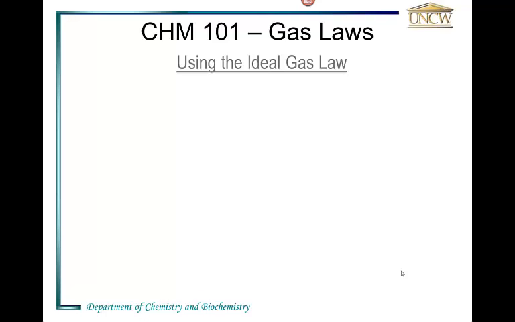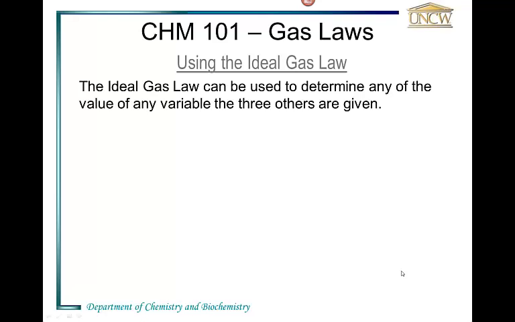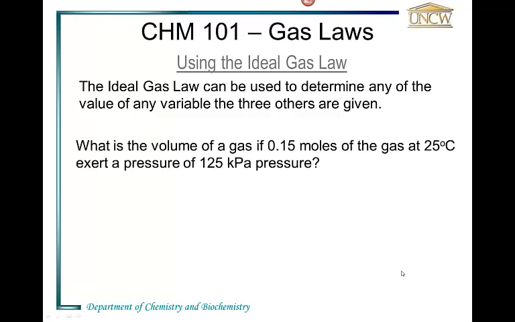All right, let's use the ideal gas law to predict directly one of the ideal gas variables. If you know 3 of the ideal gas variables, for example, temperature, volume, and pressure, you can calculate the 4th, which would be the number of moles. But let's take a slightly different problem. Let's calculate the volume of 0.15 moles of a gas that's at 25 degrees and is exerting a pressure of 125 kPa.